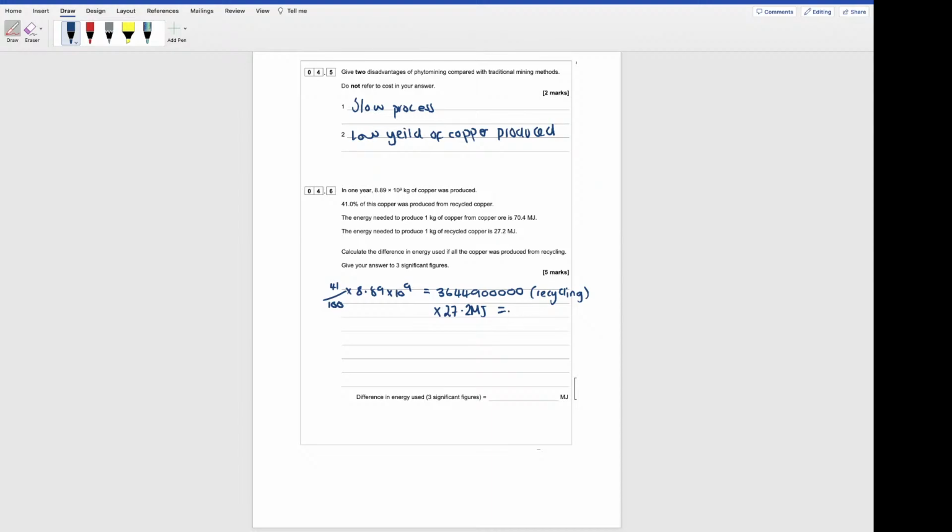So the value in terms of energy was 9.91 times 10 to the 10. Okay, that's how much energy was used to get the recycled.